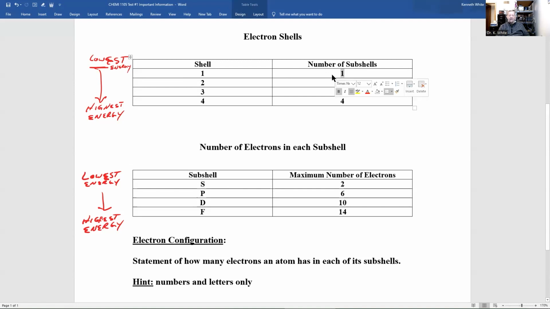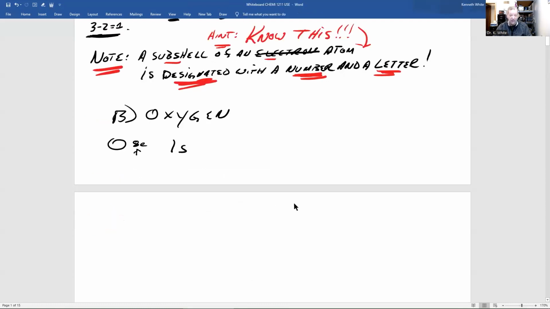Shell 1 has one subshell, and that's 1s, and in 1s you can put only 2 electrons. So I'm going to put my 2 electrons in, written as a subscript. Well, 8 minus 2 equals 6. I've got more to go. Well, shell 1 only has one subshell, 1s, and you can only put 2 electrons in it. I filled that shell and subshell up.